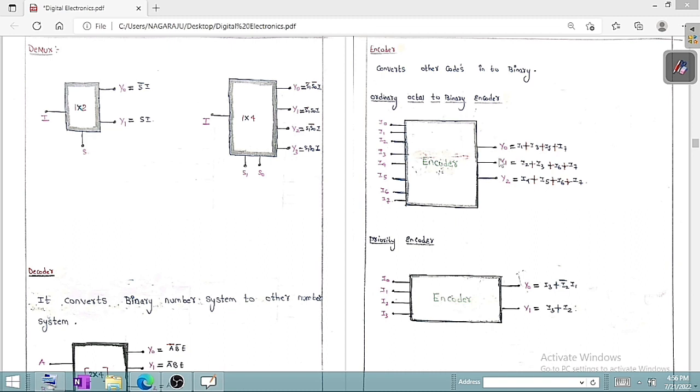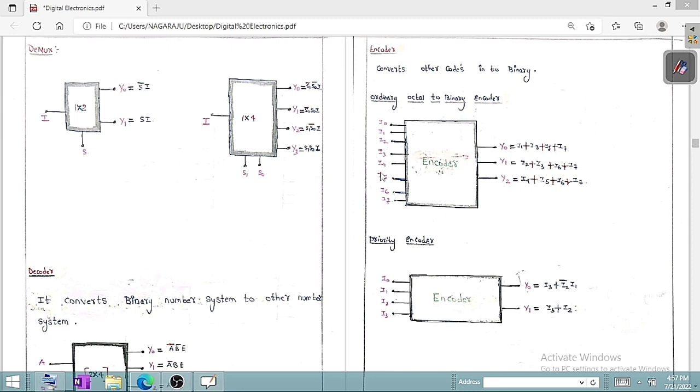Now you can see clearly, if more than one input is activated at a time, the output will have some expression which does not give the binary conversion of those inputs. If only one input is activated at any one time, the output we get is the binary representation of that input.